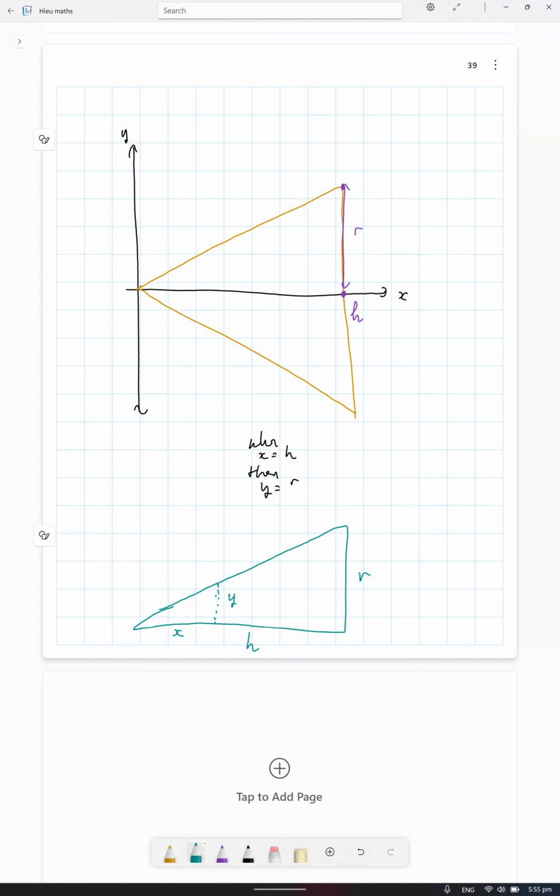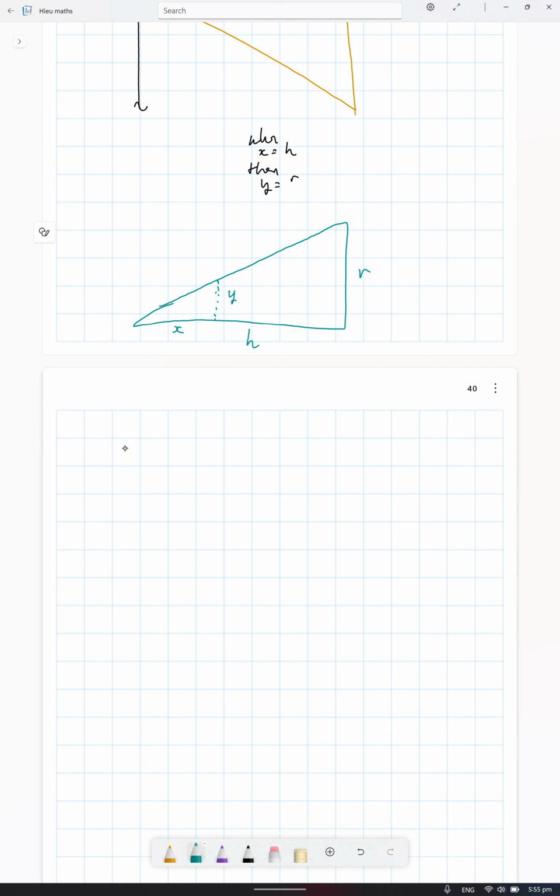What's the ratio of y to x? Well, y to x is the same as r to h. Let's say if this was 1 and 2 and this was 2 and 4, 2 divided by 4 is the same as 1 divided by 2.